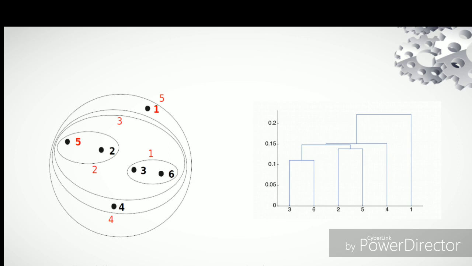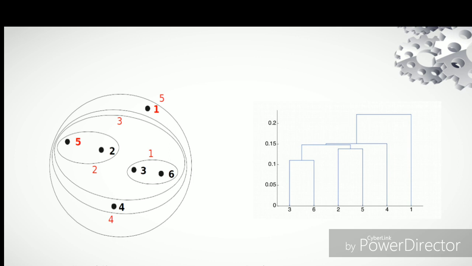As you can see, we have merged the closest points to form a cluster using single linkage. For example, here we have formed a cluster between data points 3 and 6 and named it cluster 1. Also, we have merged data points 5 and 2 to form cluster 2.